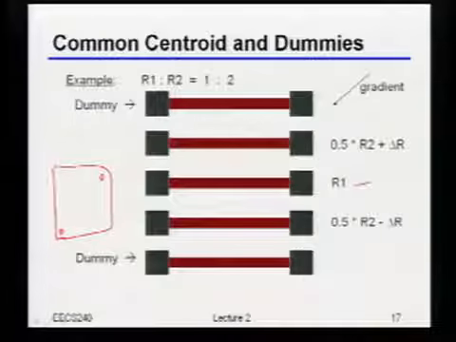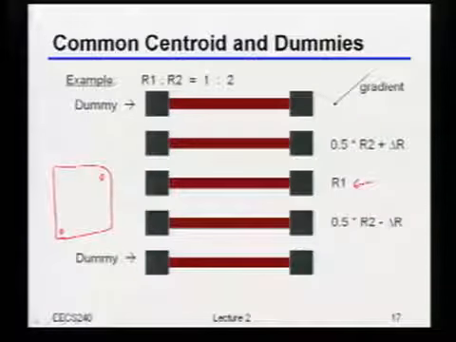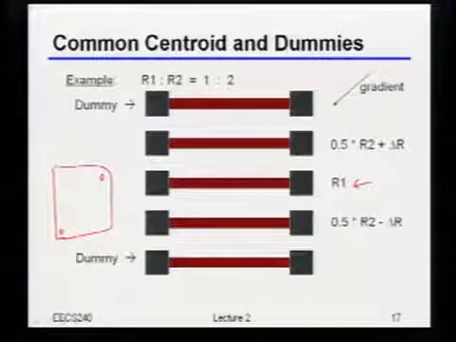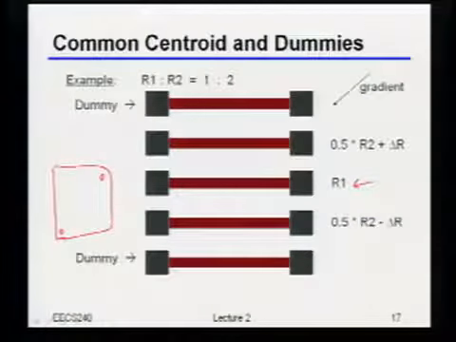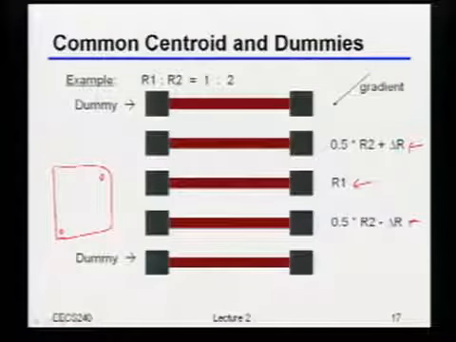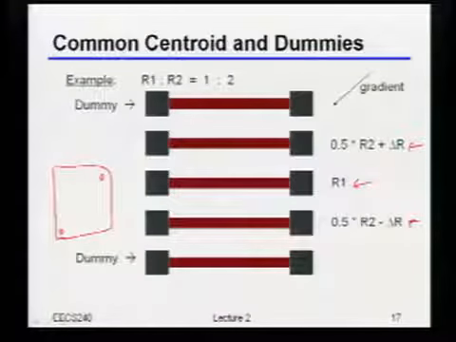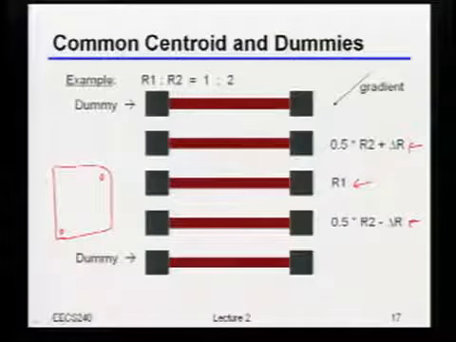Right? So again, the best way to see this is usually with an example. So if this was my R1, what I'm going to do is split my 2R, which I'm going to call here R2, into two pieces. Okay? And those pieces are going to be placed symmetrically around the center point.